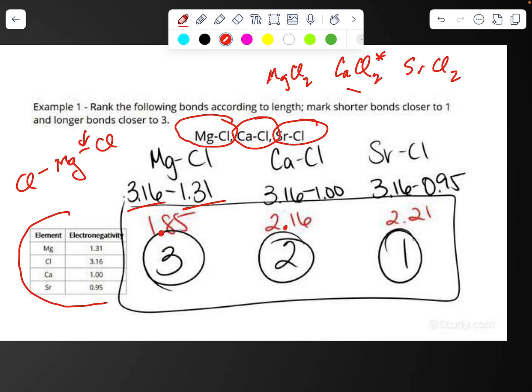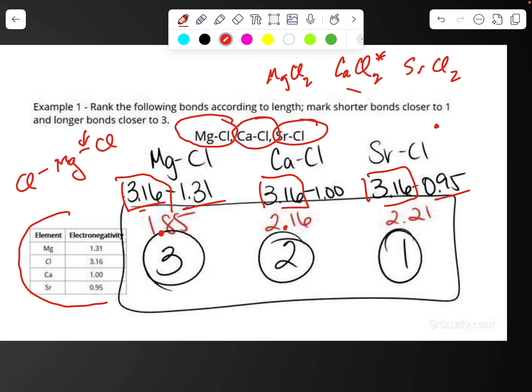And then finally, strontium and chlorine. Notice that the chlorine is always right here. It doesn't necessarily have to be first. You can always take the absolute value of these. You should never have negative numbers. They're always going to be absolute value of the electronegativity. You just want to know the difference. This is 3.16 minus strontium's 0.95.